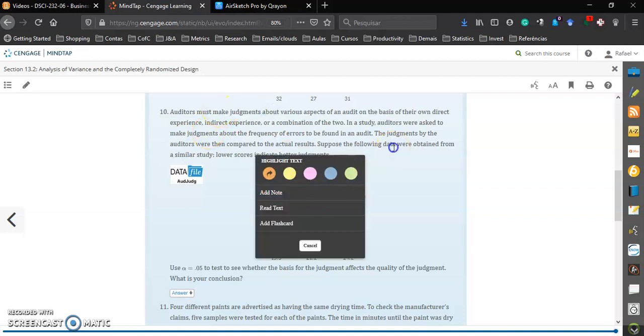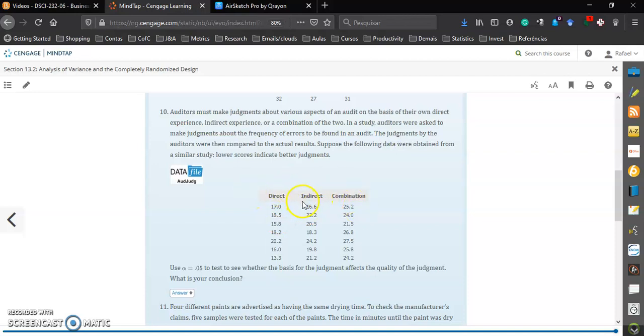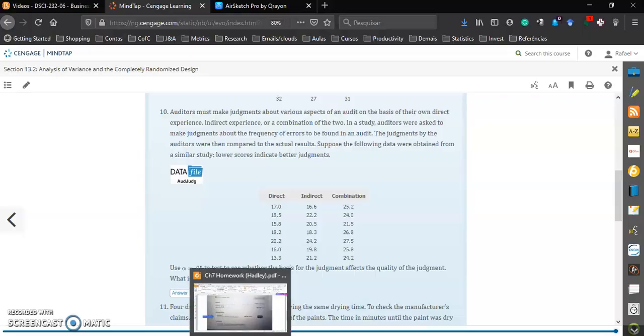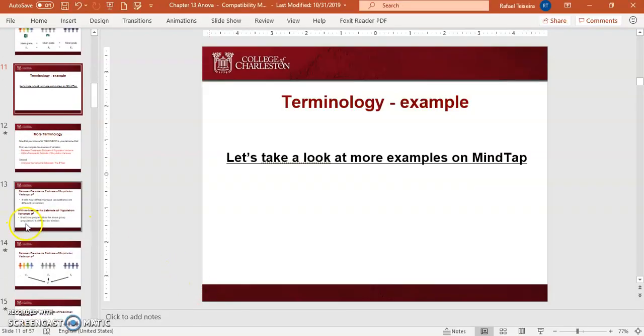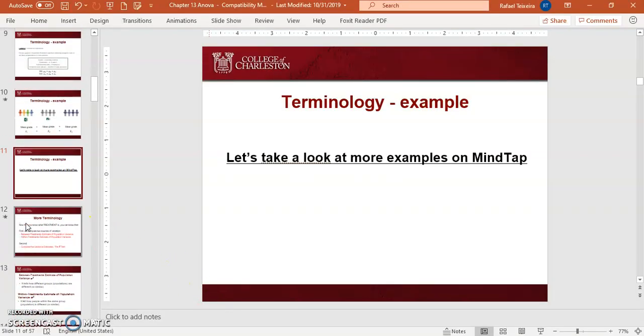And here are the three levels of treatment. All right, let's stop here, and I'm going to prepare another video about more details on terminology and the math of ANOVA.